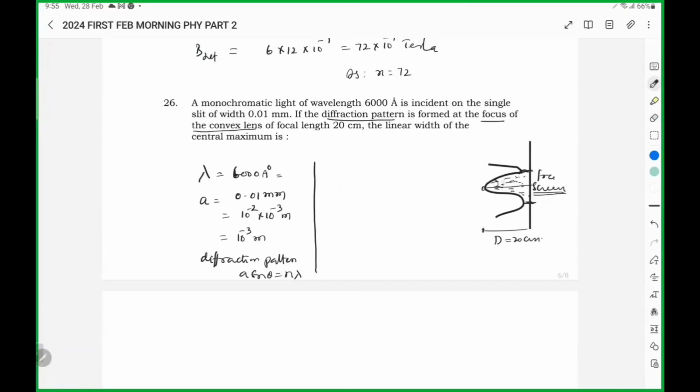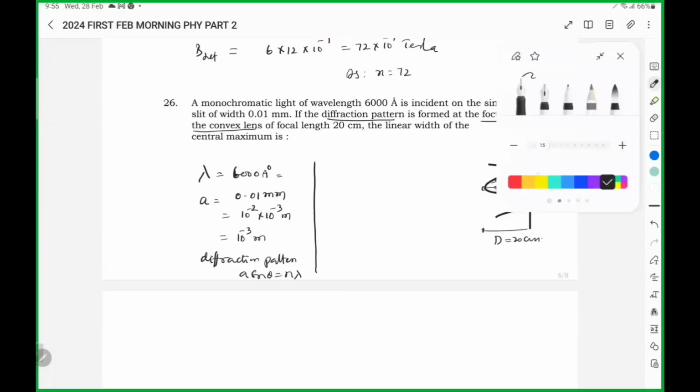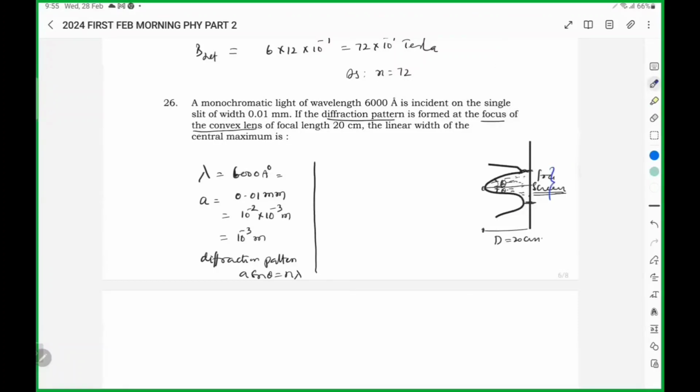So this angle is theta. Here the angular width is 2 theta, but he is asking linear width. Linear width is this. Let us say it as y. Tan theta is y by D. So linear width will be 2y.